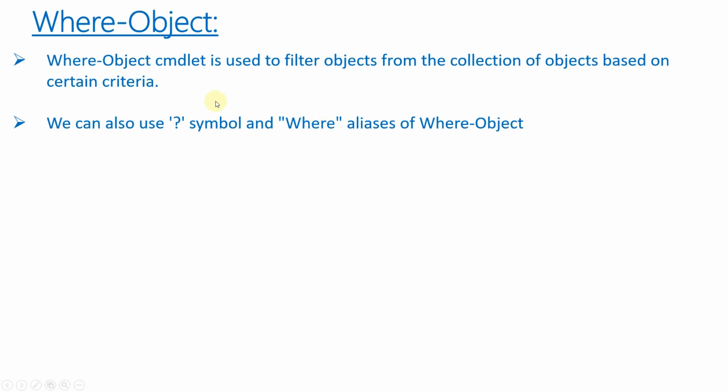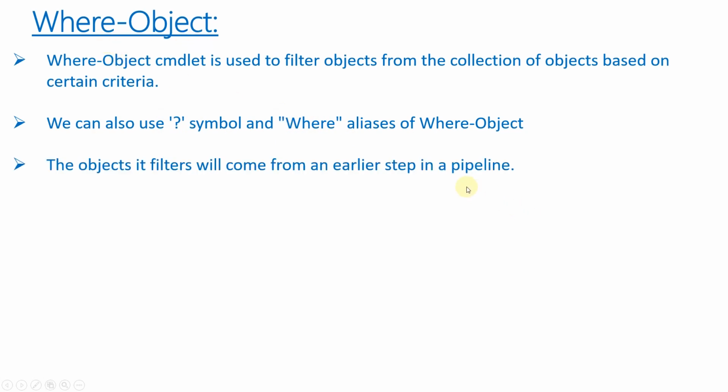So we can also use these two aliases instead of writing Where-Object. If we have multiple commandlets in a pipeline, the collection of objects that Where-Object will be filtering will be coming from an earlier step in the pipeline.